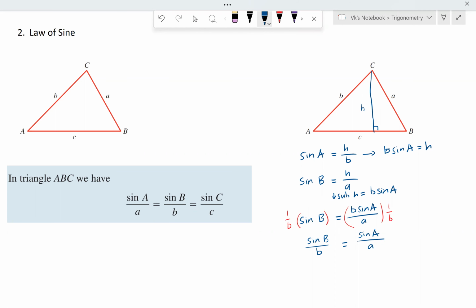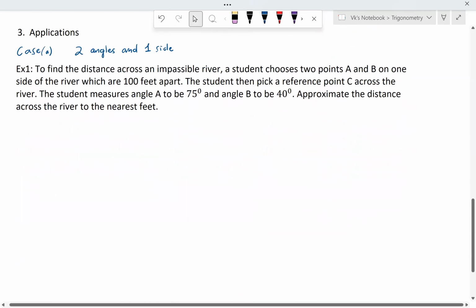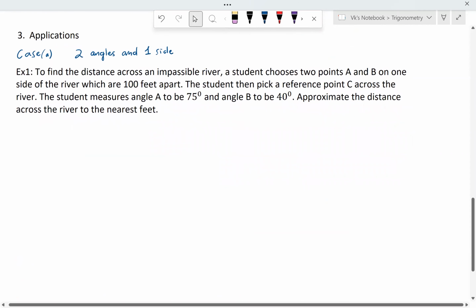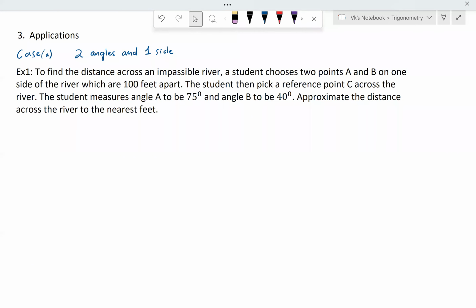Let's take a look at how we use law of sine. There are applications. We're going to cover applications that involve case one and case two. So in case one, we have two angles and one side. Here comes the example.